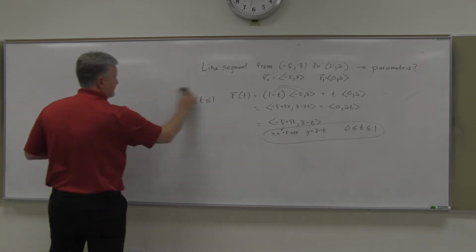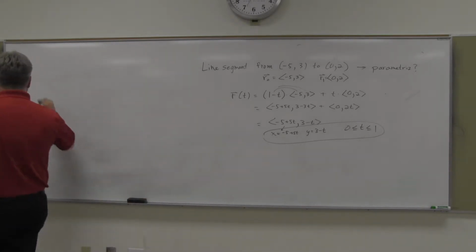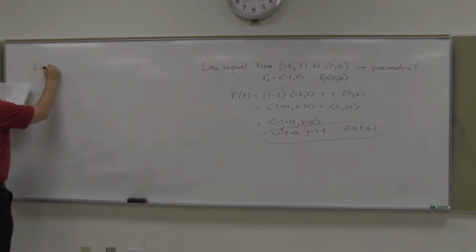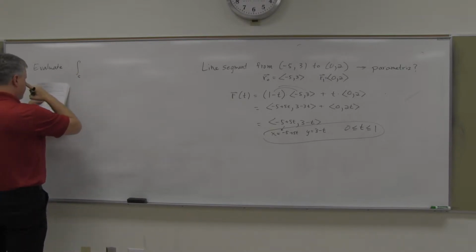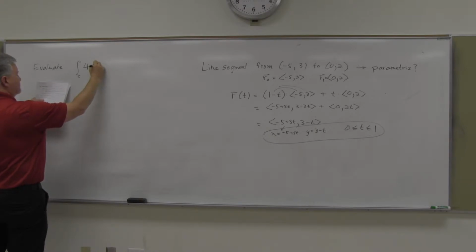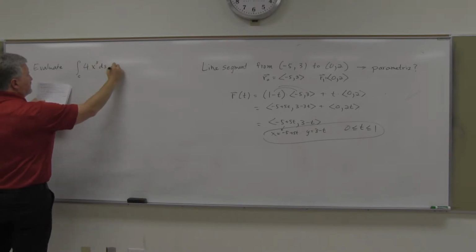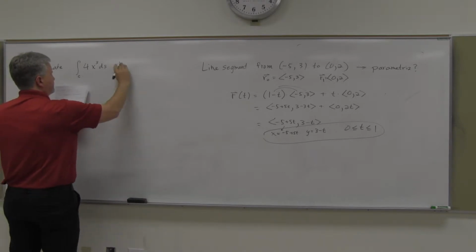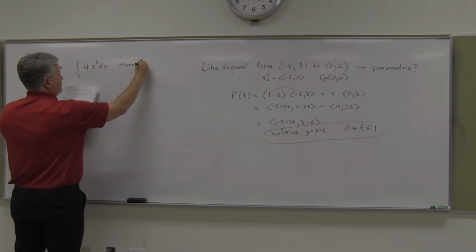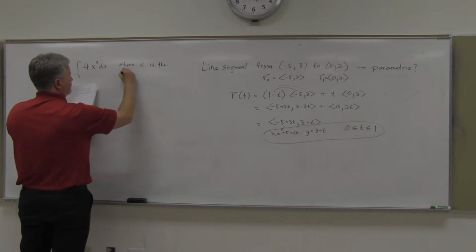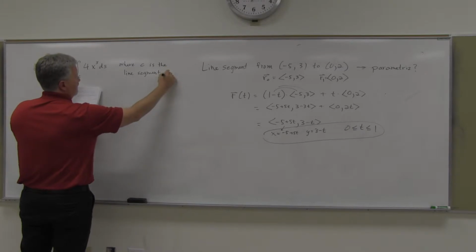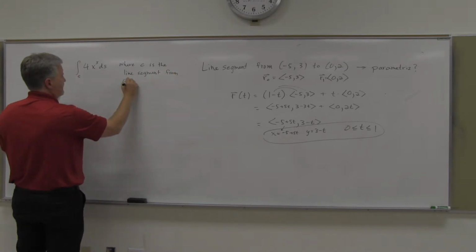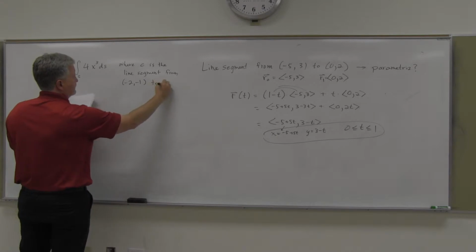Okay, so let's see where we can use that. Evaluate the line integral over C of 4x cubed ds, where C is the line segment from negative 2, negative 1 to 1, 2.